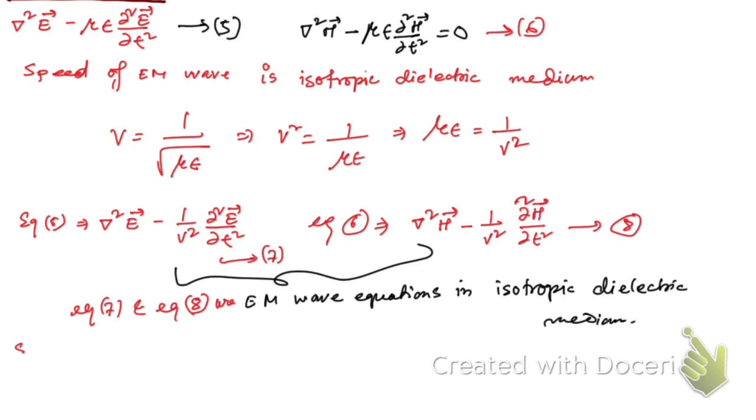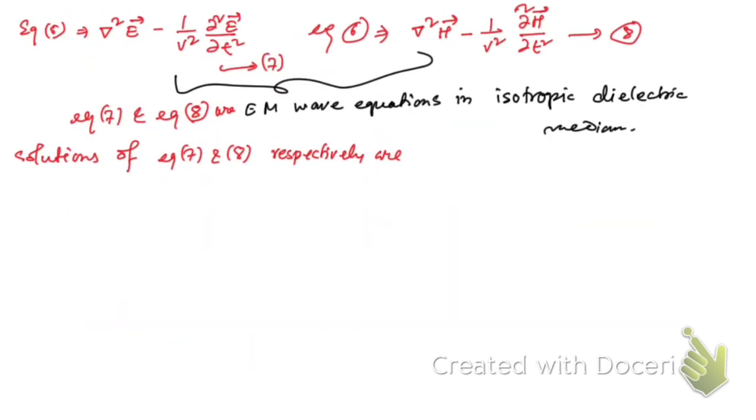Solutions of equation number 7 and 8 respectively are given by, let me copy this part and let me go to a new slide. Okay, sorry. Okay, now let me copy these things. Okay, so here you see, the solutions are given by E vector.